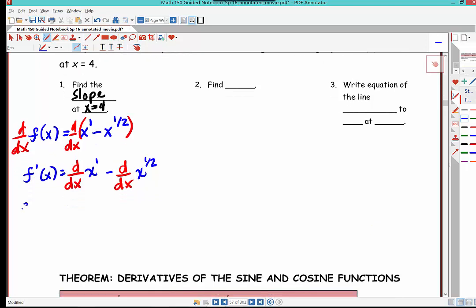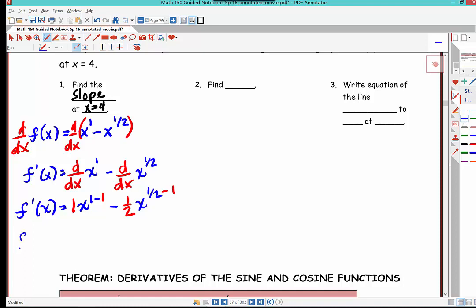So now, using the power rule, x to the 1 is going to give us 1 times x to the 1 minus 1. Good so far? And then minus 1/2 times x to the 1/2 minus 1.